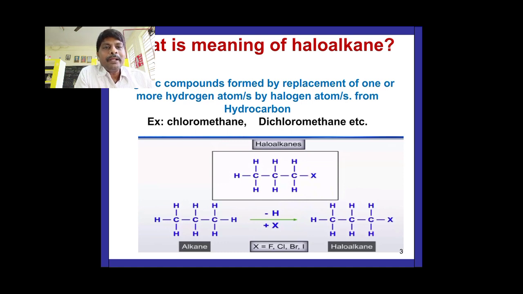From propane, you remove one H and add one X. So H is replaced by X. What is X? Halogen, that means fluorine, chlorine, bromine or iodine. I have written here X is either F, Cl, Br or I. That means haloalkanes are derived from alkanes by the replacement of one or more hydrogens with halogen atoms.